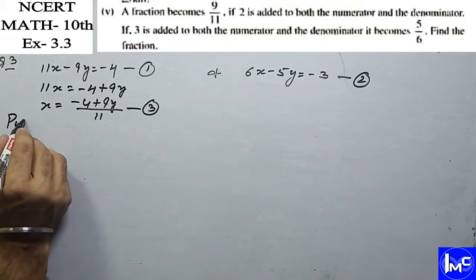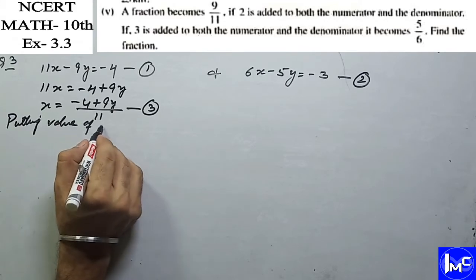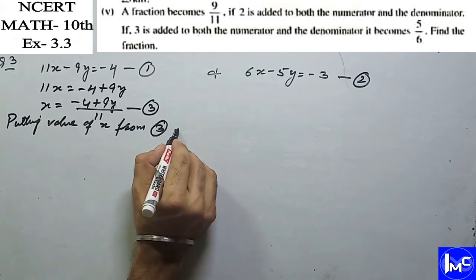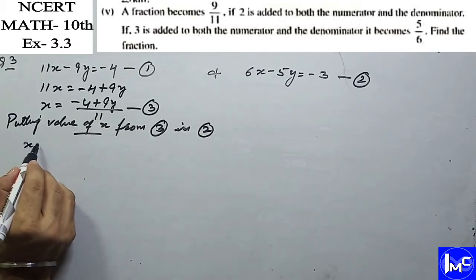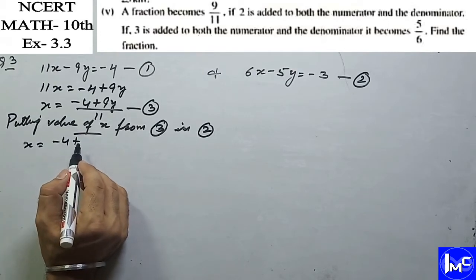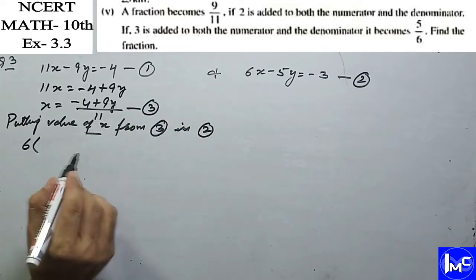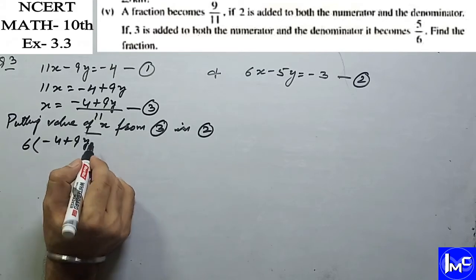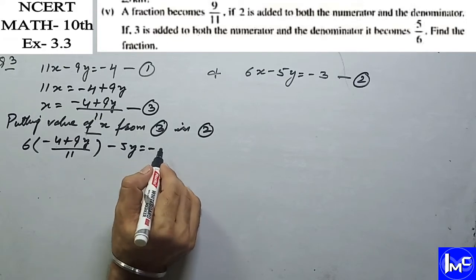And now we will put the value of x from the third equation in equation number 2. Putting the value of x from 3 in 2, we get 6 into x, and x is minus 4 plus 9y over 11, minus 5y is equal to minus 3.